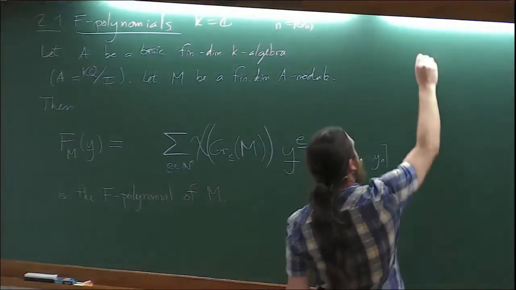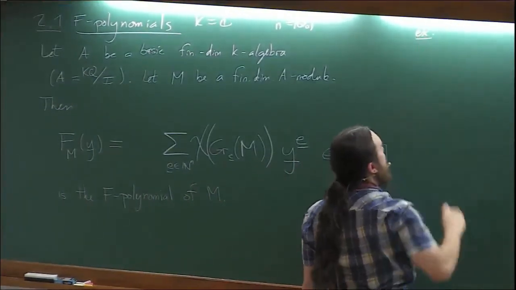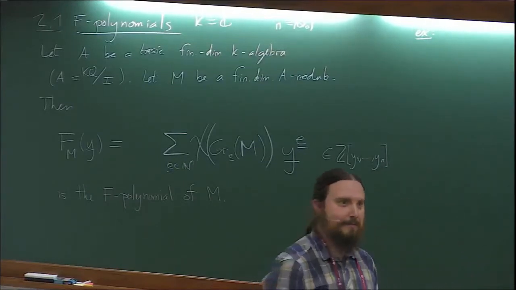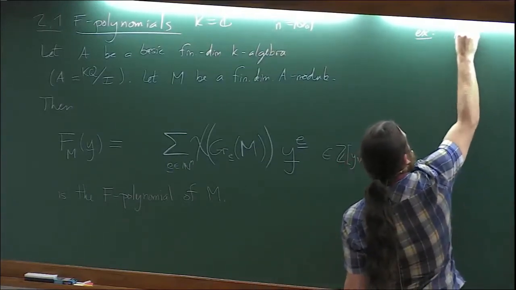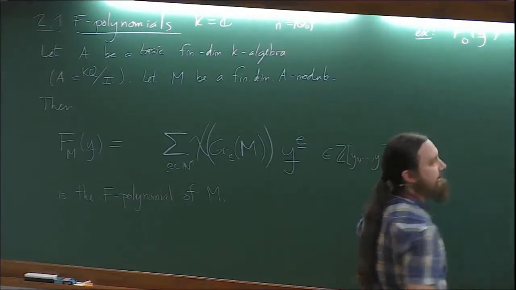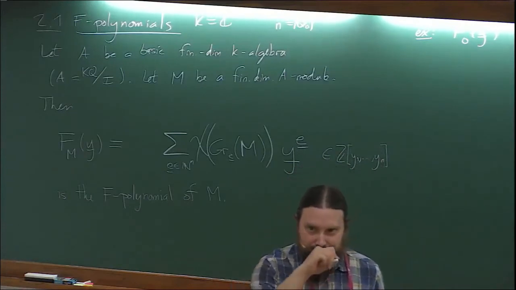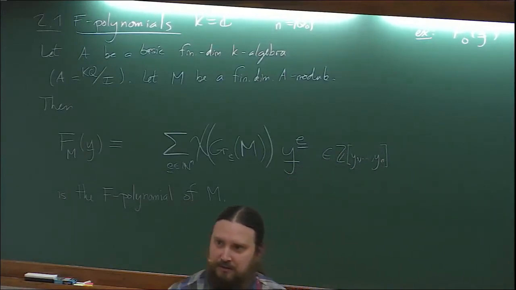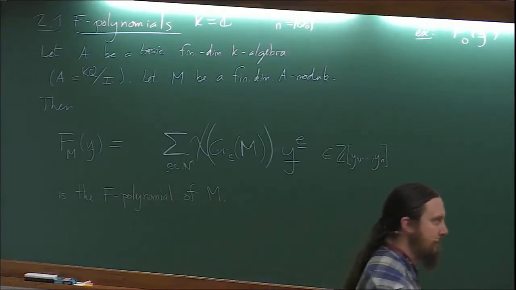So let's do some examples of this. I'll first do a stupid example, and then I'll do a less stupid example. The stupid example is computing the F polynomial for the zero module. What are submodules of the zero module? There's only one, and it's the zero module.